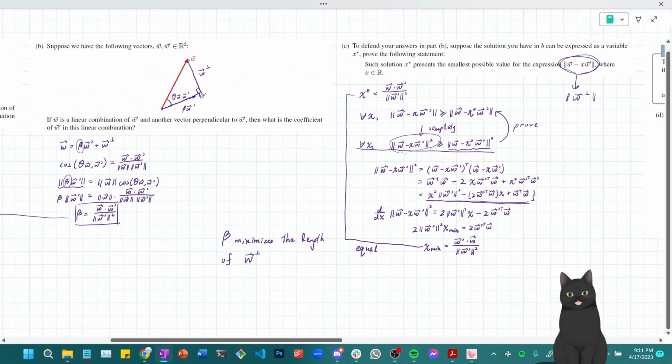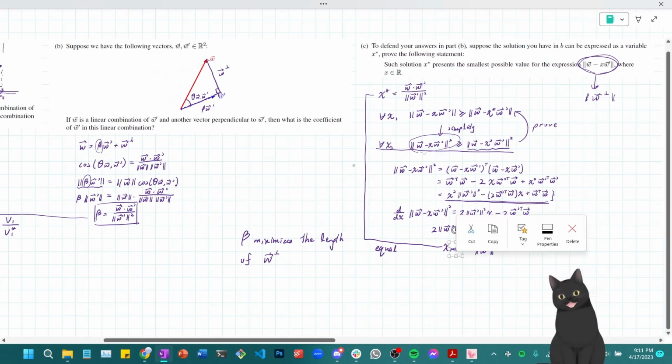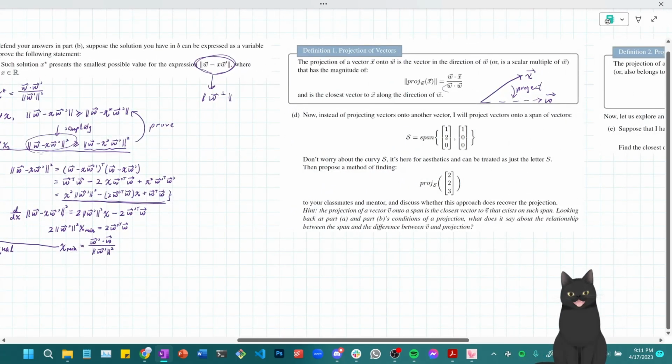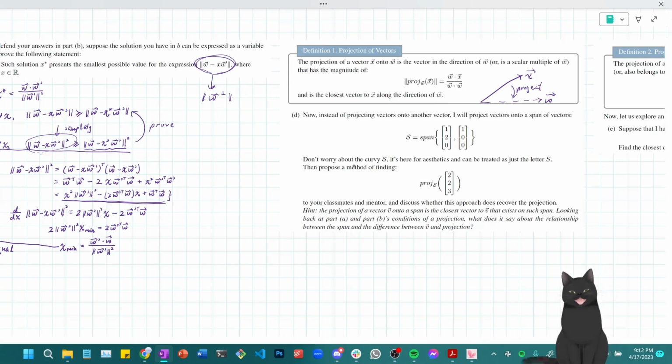Versus in the previous part, we're projecting w onto the direction of w prime, so we have w prime length squared at the denominator, and that's also what we see in this expression here. This is the closest vector to x along the direction of w. What does it mean? This means that this is the vector that minimizes the difference between x and its projection.